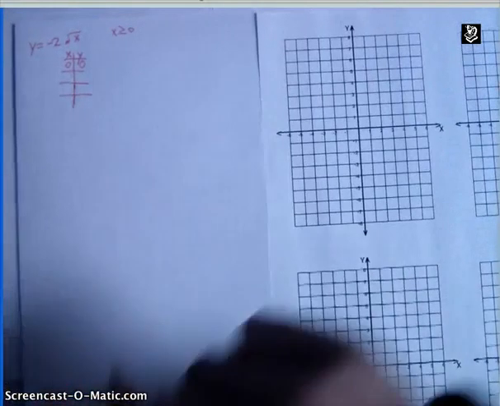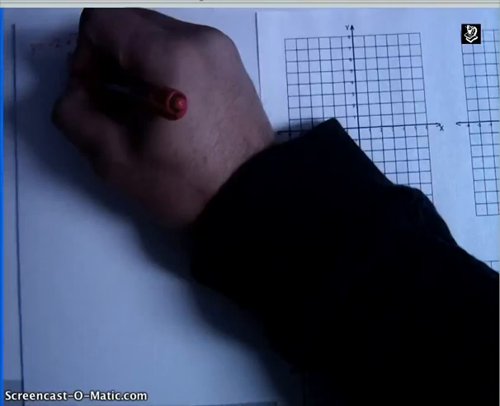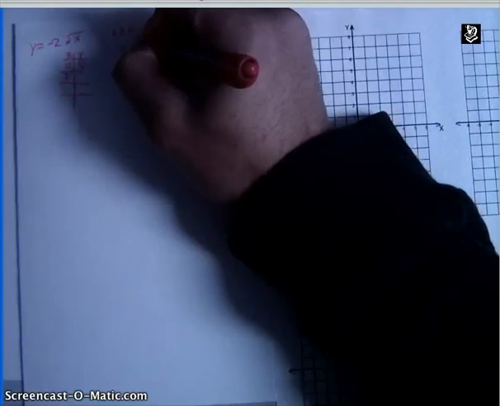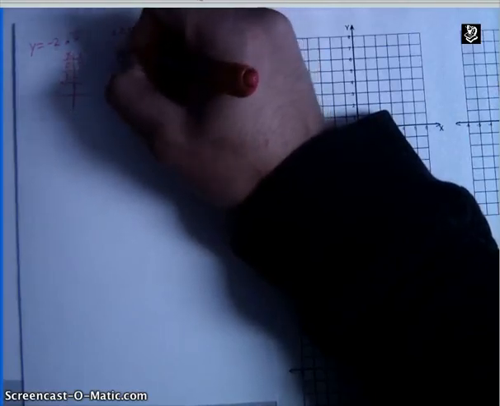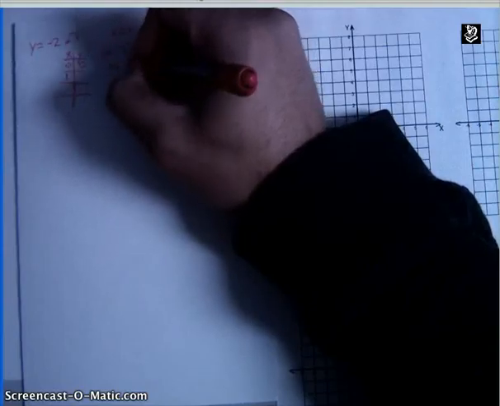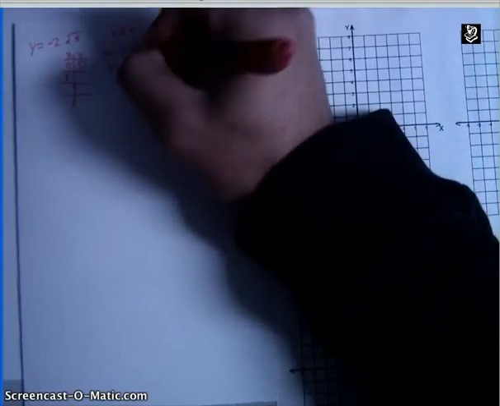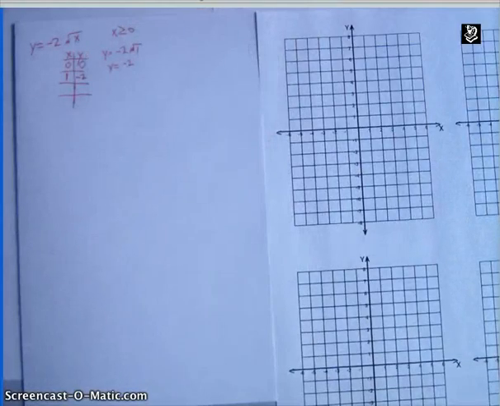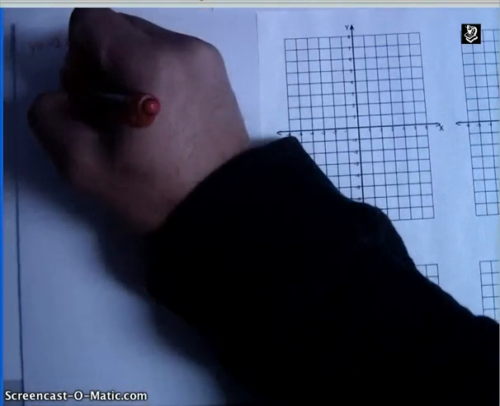Okay, now I also want to plug in 1. That means I'm going to get -2 times the square root of 1. The square root of 1 is just 1, so we get -2 times 1, which is just -2. And then I want to pick 4 because I know that's my next perfect square.